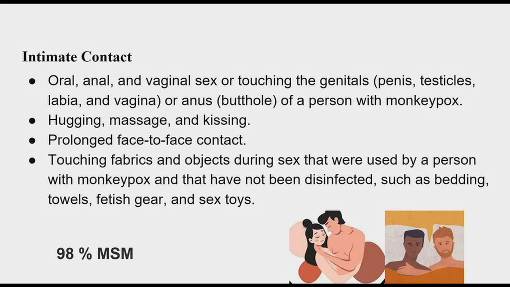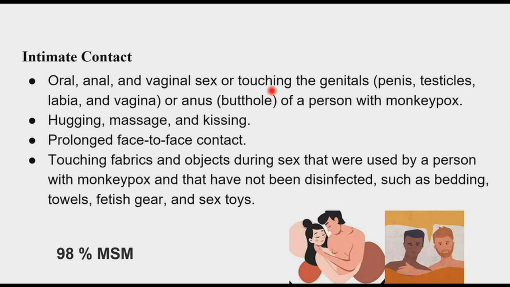Although there is a lot of talk about not wanting to label monkeypox as a sexually transmitted disease, the basic fact is that 98% of the monkeypox patients are MSM, men who have sex with men.